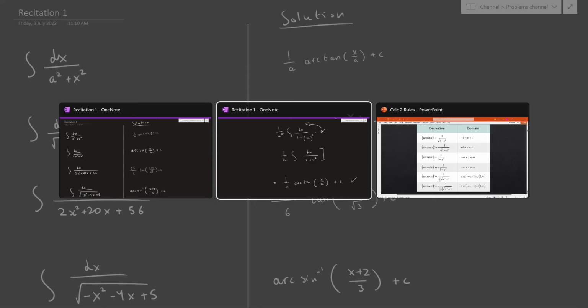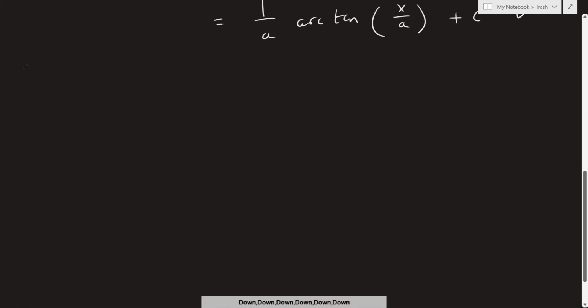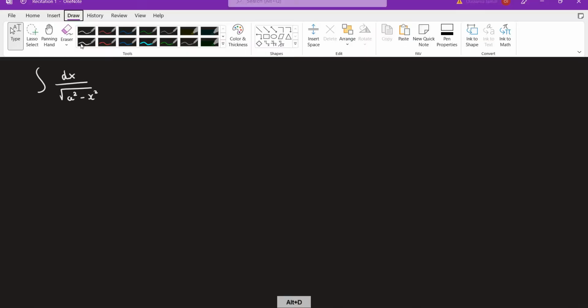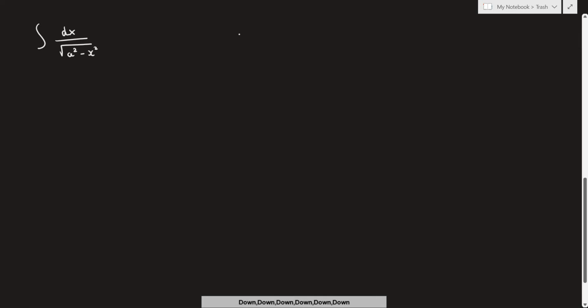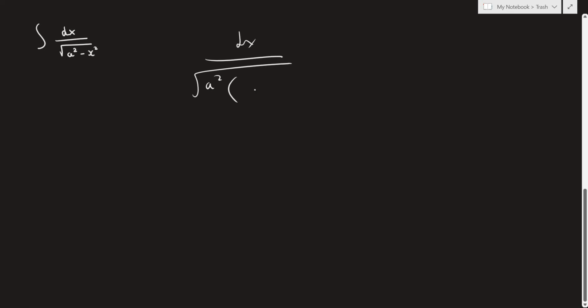Just the same, but we have a little difference. Same steps though. So let's take a squared outside first. So dx over the root of a squared minus x squared. So it's going to be 1 minus x squared over a squared, which will be x over a squared. And now take a squared outside with a radical.